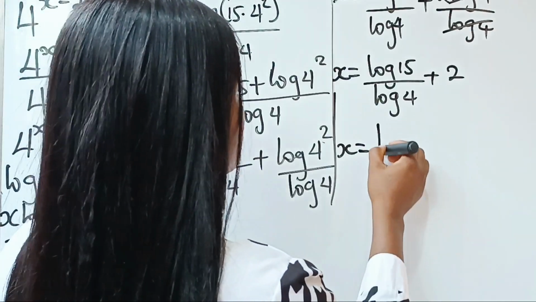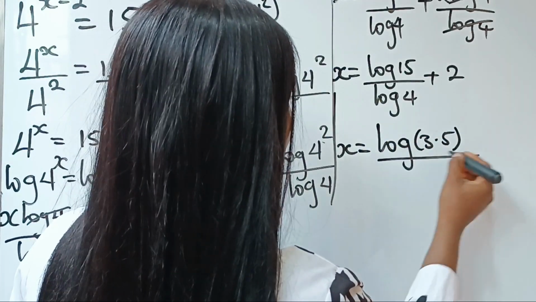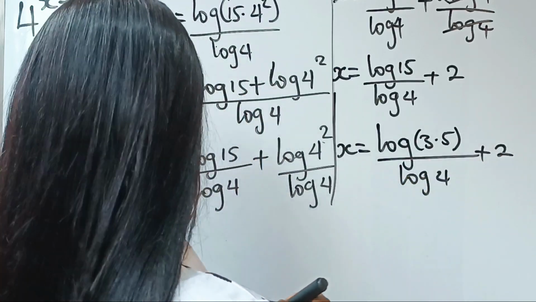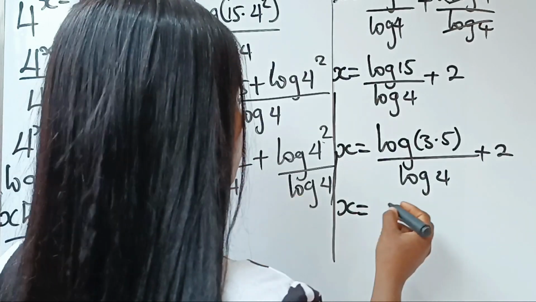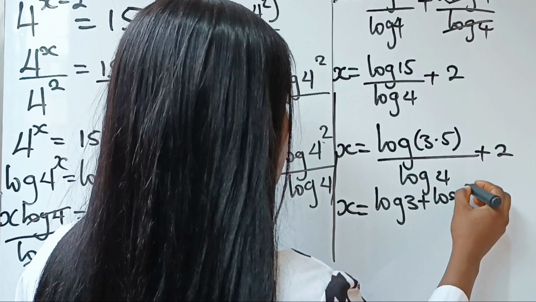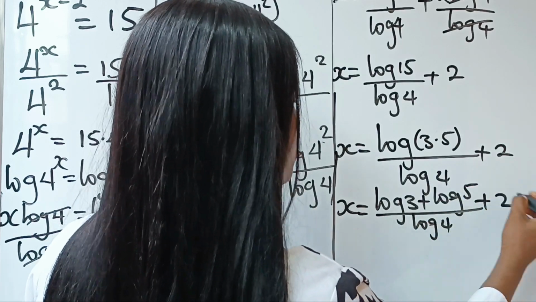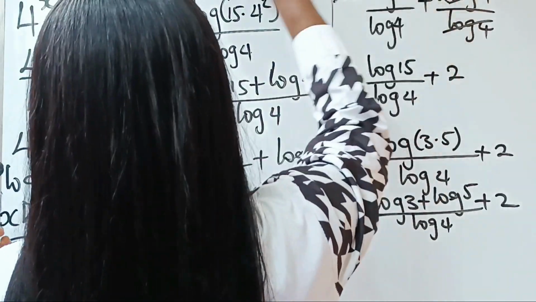Log 15 can be written as log 3 times 5, divided by log 4, plus 2. That means that we can write x to be equal to log 3 plus log 5 divided by log 4 plus 2, right? Yes. Now, let's continue.